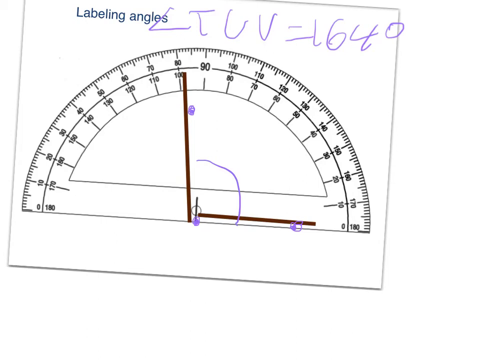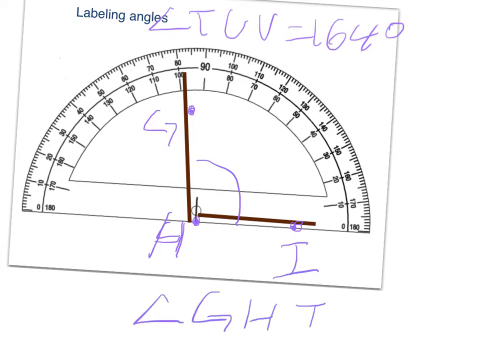So this is going to be angle G, H, and I. I'm measuring angle G, H, and I, and I get it equals 95 or 96 degrees. It'll be a lot more accurate on the test.